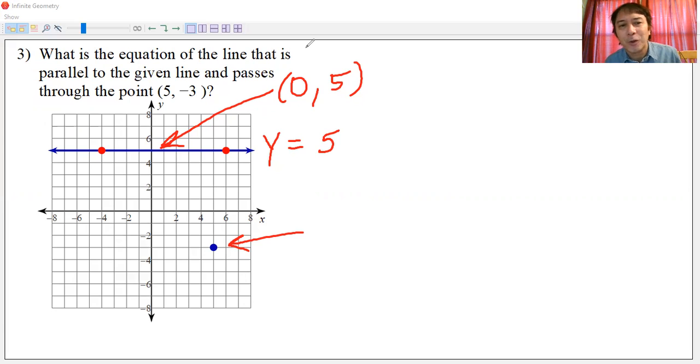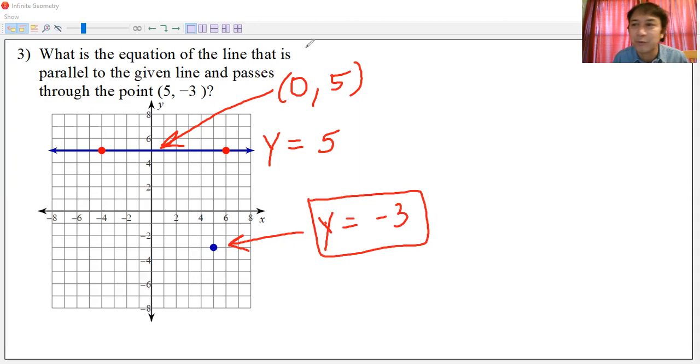Now, going to the given point (5, -3), the y value there is -3. So the line here is y equal to -3. That's the answer.